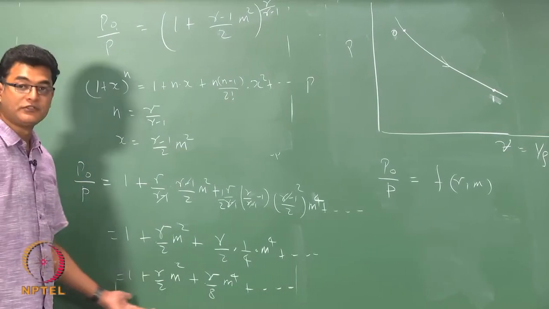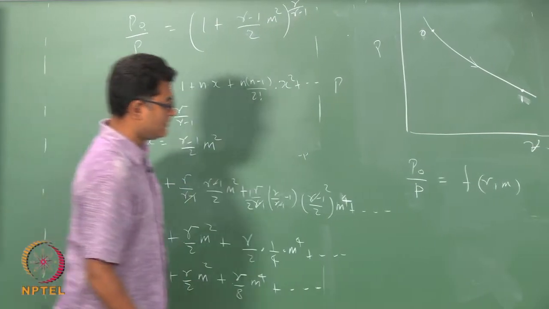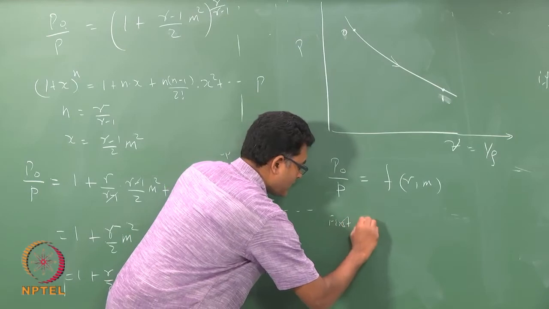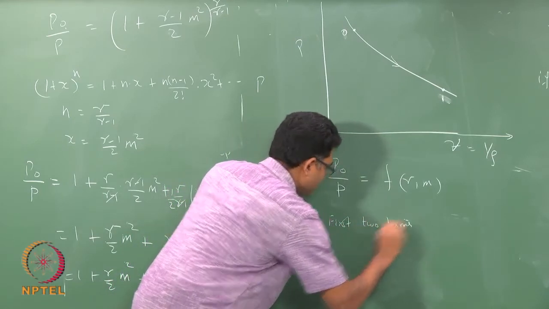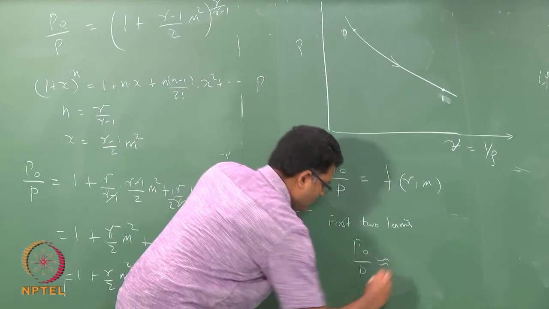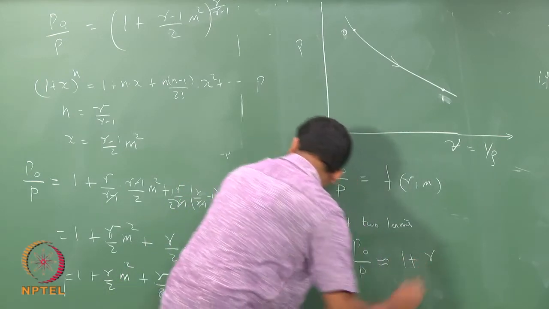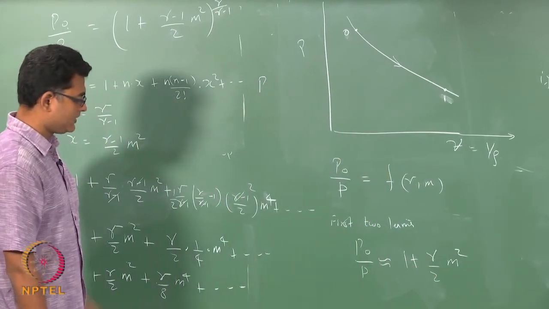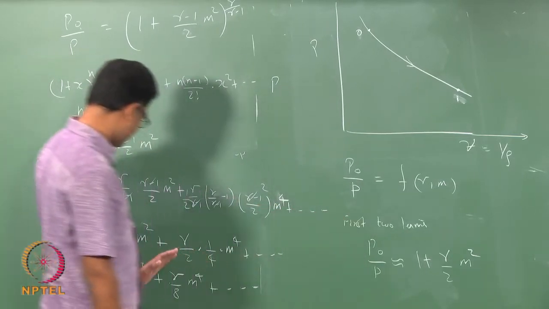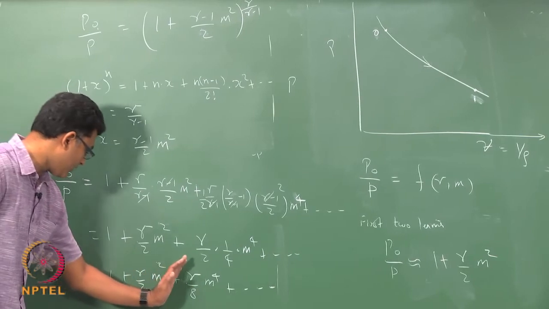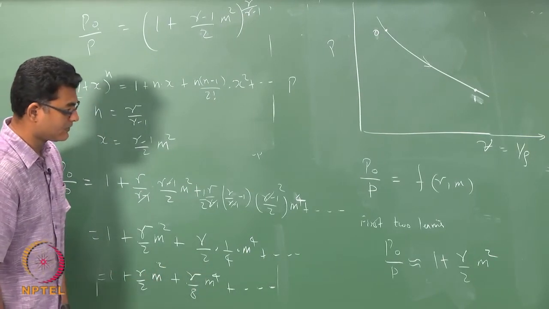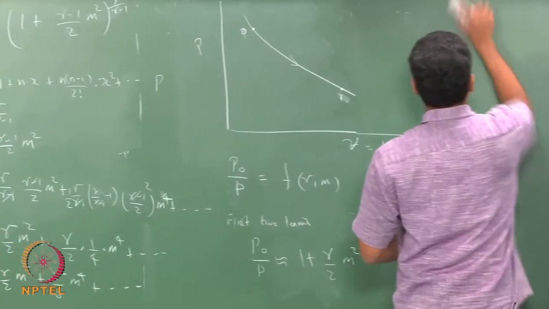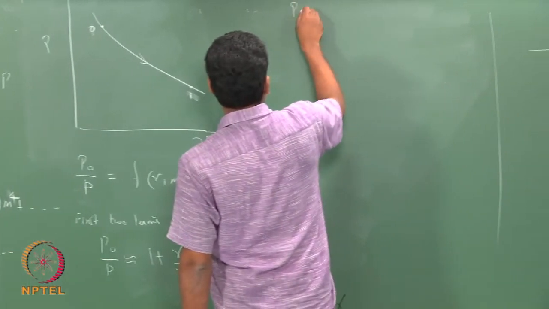If I take only the first two terms, let us take only the first two terms. I am truncating my series after the second term. Okay. Now, if this is the case, this equation can be reduced to Bernoulli's equation.